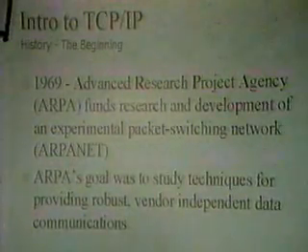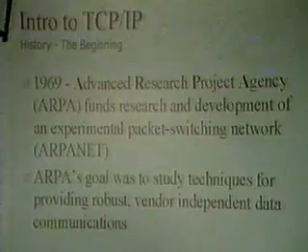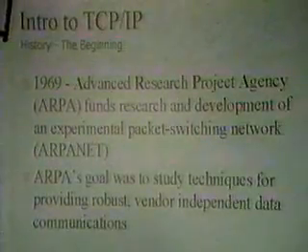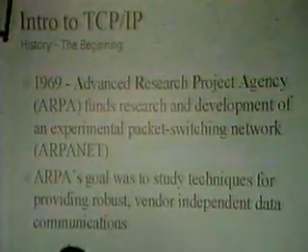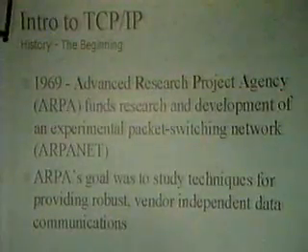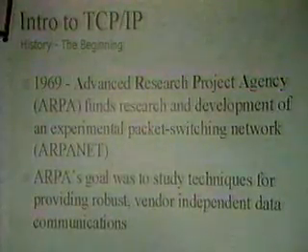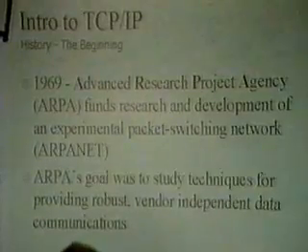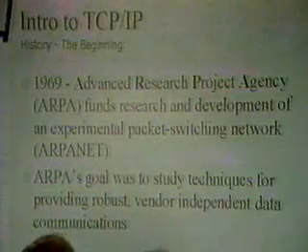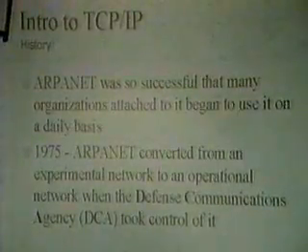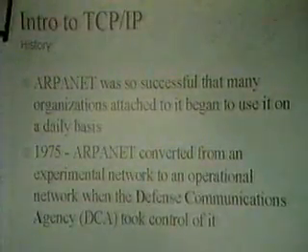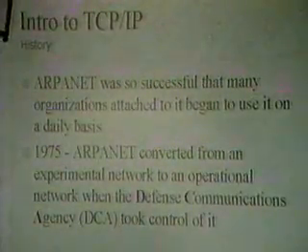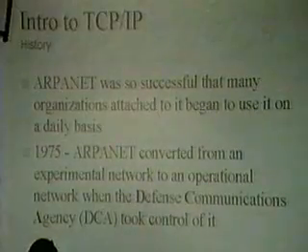ARPA's goal was to study techniques for providing robust, vendor-independent data communications. So basically, it could put all these different machines together, regardless of operating system, regardless of vendor, and have these machines be able to talk to each other on a network. ARPANET was so successful that many organizations attached to it began to use it on a daily basis.